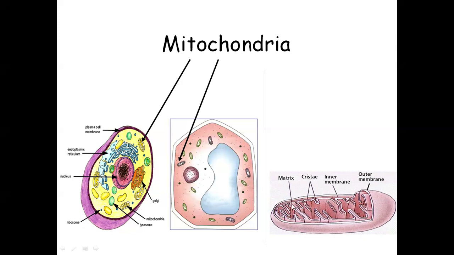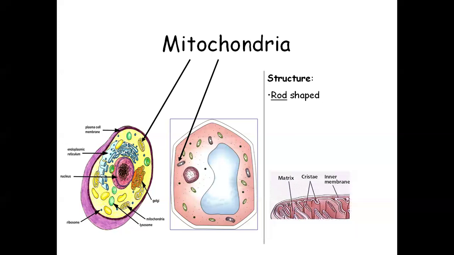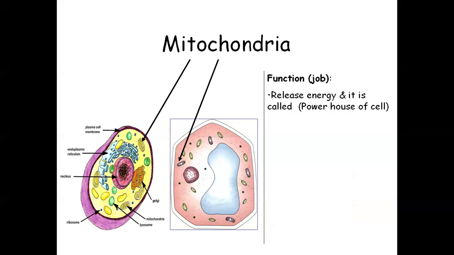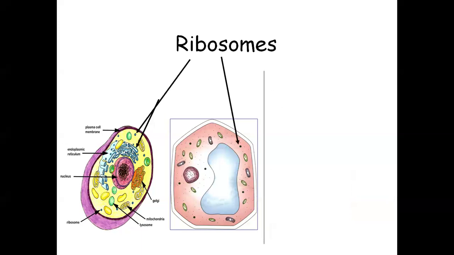And in between the cristae, you will be having a fluid-like structure that's called as matrix. Okay? This is the structure. So it's normally rod-like, and the main function is to release the energy, that is ATP, adenosine triphosphate. ATP is nothing but adenosine triphosphate. Hope you're clear with this till this organelle.